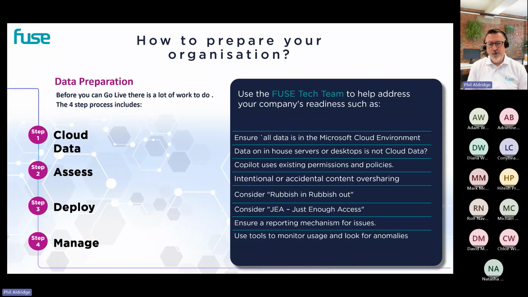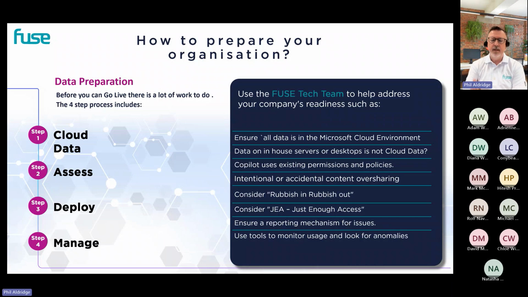And then how do you implement AI? From a Microsoft perspective, you're using Copilot and Copilot within all the different apps that Microsoft have. The data within your Microsoft tenant is what Copilot will look at, and it won't look at anything else. If you've got an external HR system or an external accounting system, Copilot isn't going to be looking at that data because that's not within your Microsoft tenant.